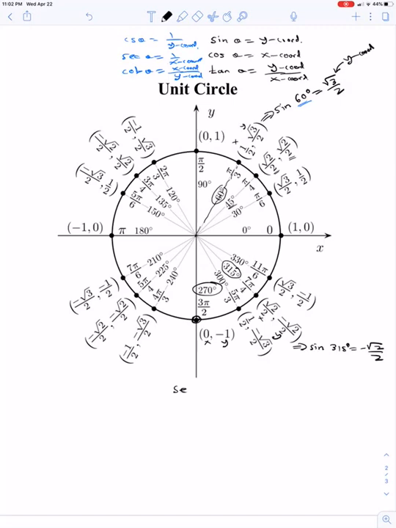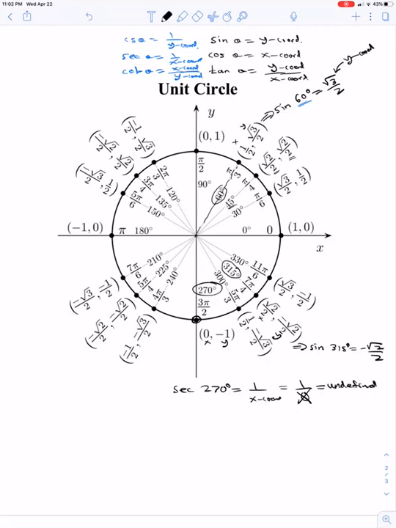If I ask you what's the secant of 270 degrees, that's 1 divided by the x coordinate, which is 1 divided by 0. And 1 divided by 0, of course, is undefined. Does not exist.